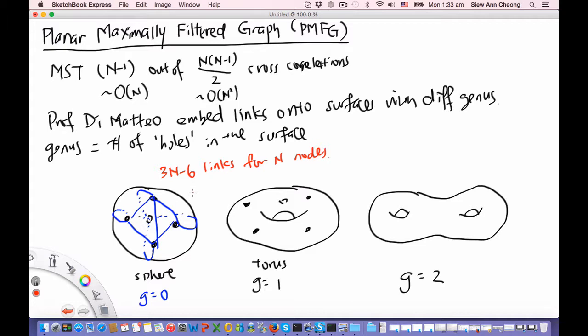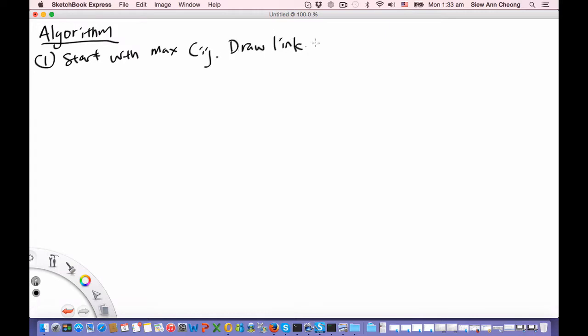Now, let me demonstrate how we would go about constructing the PMFG. We will start by giving the algorithm, and the algorithm turns out to be very similar to that of the MST. So one, you will start from the maximum Cij, and then you will draw a link between i and j.